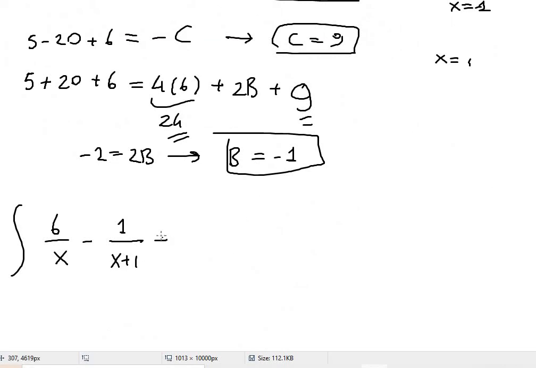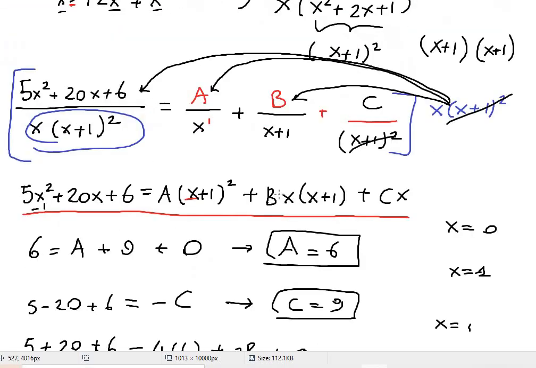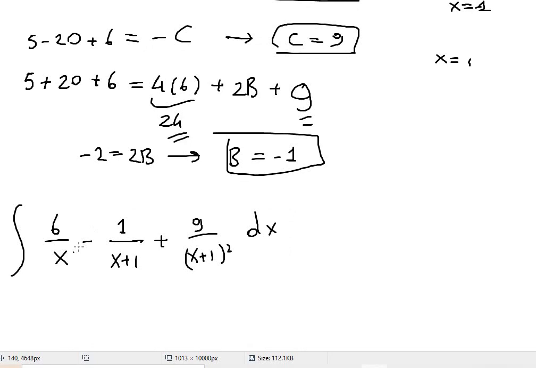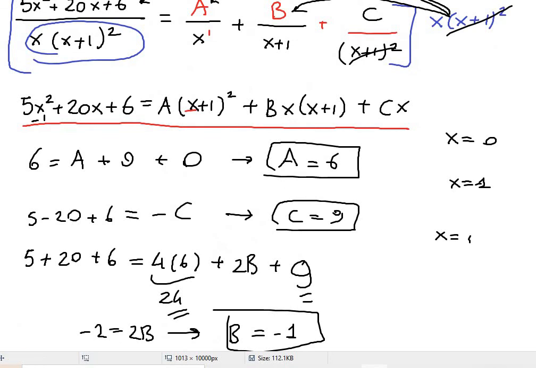And the c term is 9. 9 over (x plus 1) to the second power dx. So now we know that this original fraction, the question, is equal to these 3 different fractions using the partial fraction decomposition method.